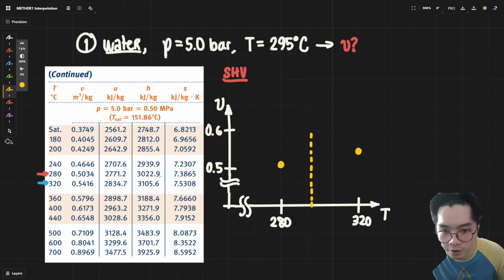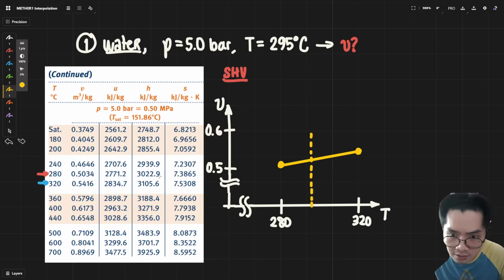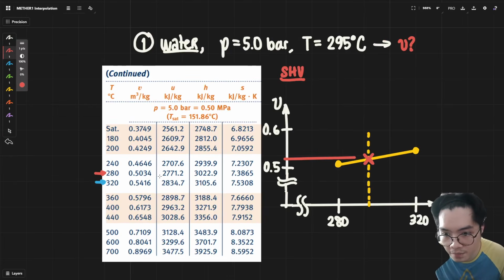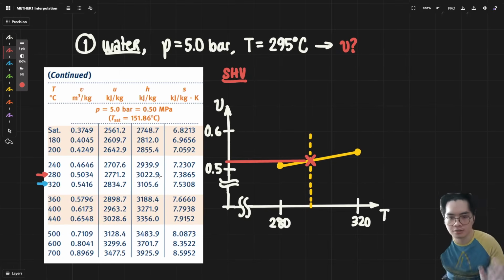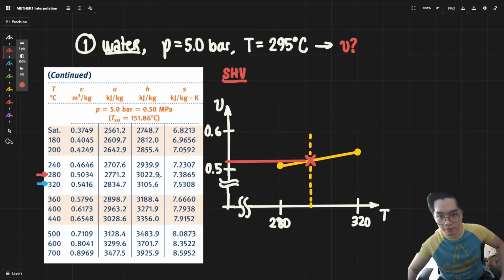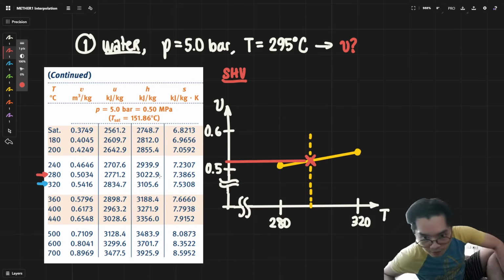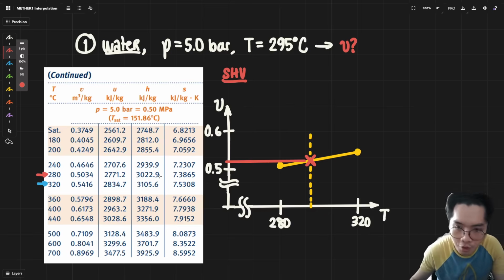If we create a line between these two values, we will see an intersection point, and what we want from that is our value for V. We know for certain that it is most likely not in the table, but this is a pretty good estimation for this value of V.